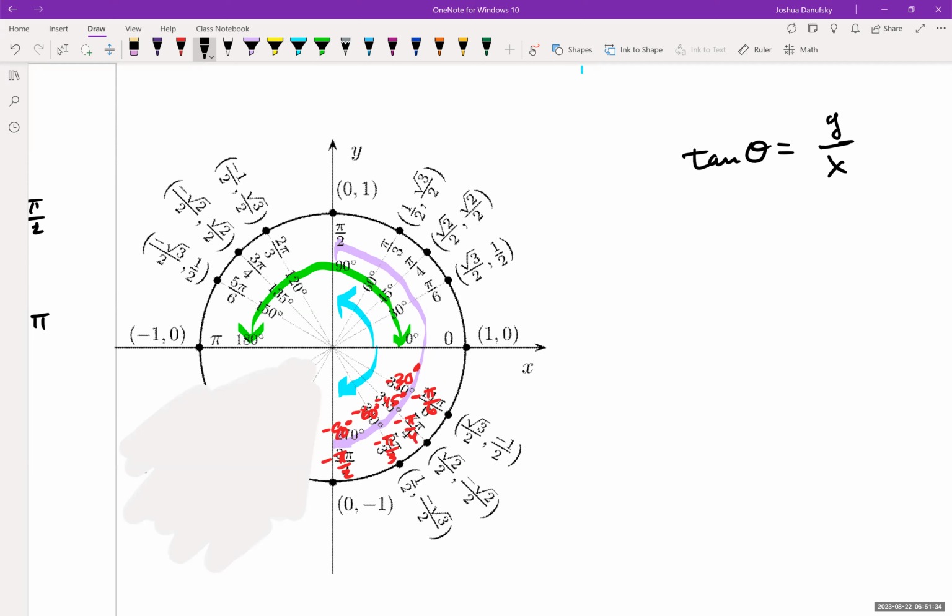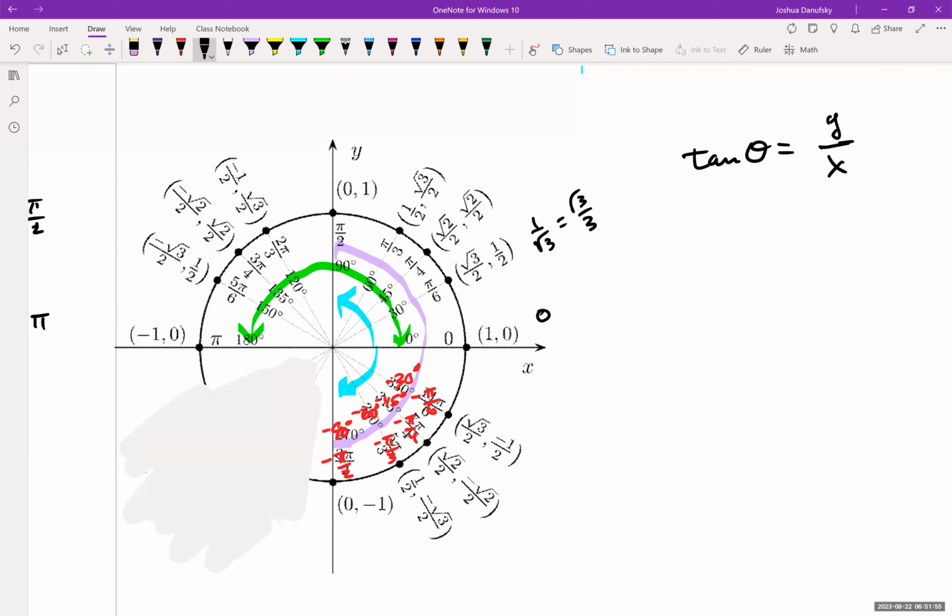So tan here is going to be 0 over 1 at 0. Tan at pi over 6 is going to have the y value over the x value. And if we multiply top and bottom by 2, we have 1 over the square root of 3. So I'm going to put 1 over root 3, which rationalized is root 3 over 3.